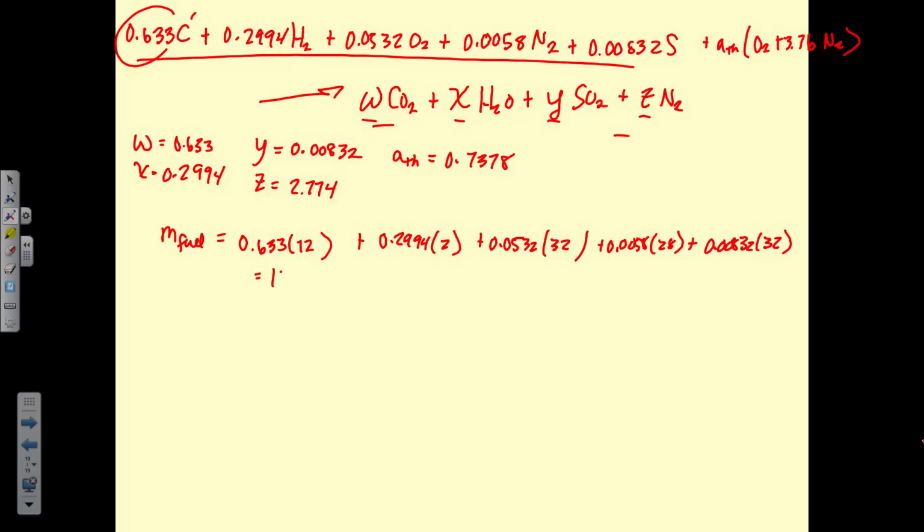So we get 10.33 kilograms. Then we can find our apparent molecular weight is equal to this 10.33 kilograms divided by 1 kilomole, which is equal to 10.33 kilograms per kilomole.